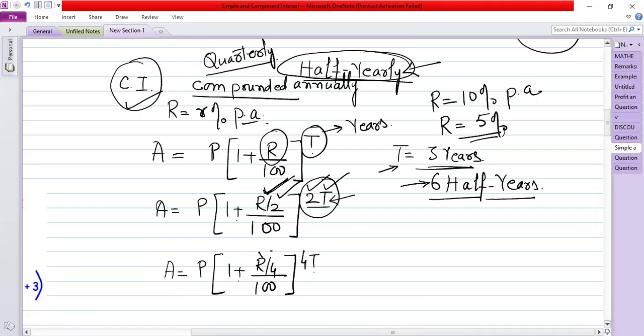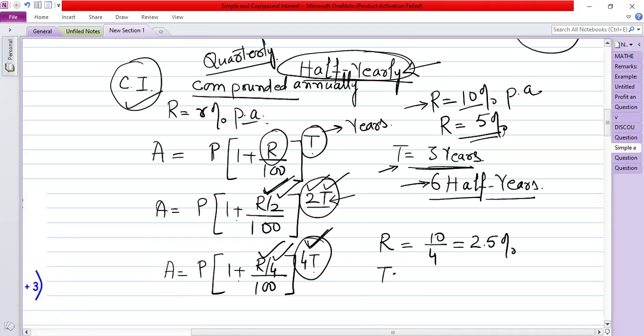Means now the rate will be divided by 4, but the time interval will be multiplied by 4. So here, suppose the same example, that the rate is 10% per annum and T is 3 years. If the interest is compounded quarterly, then the rate will be 10 by 4, then it will be 2.5%.